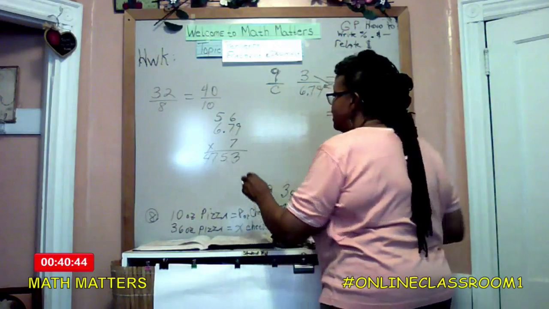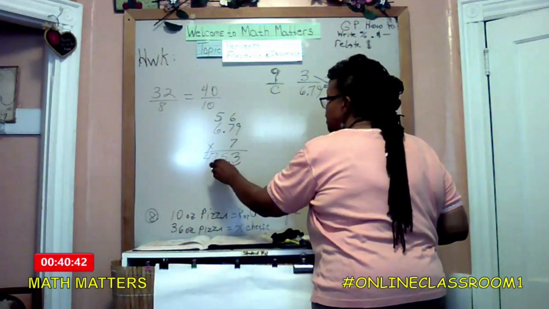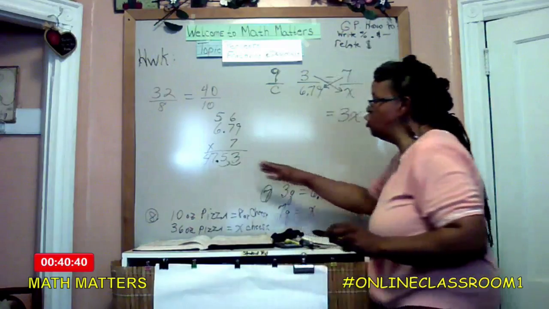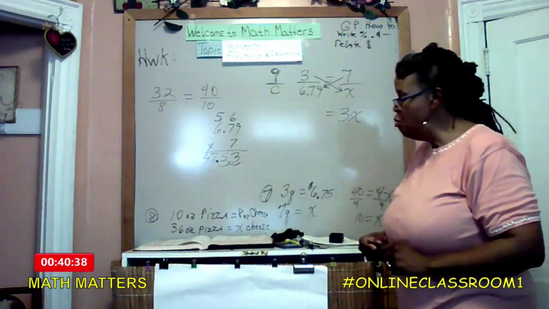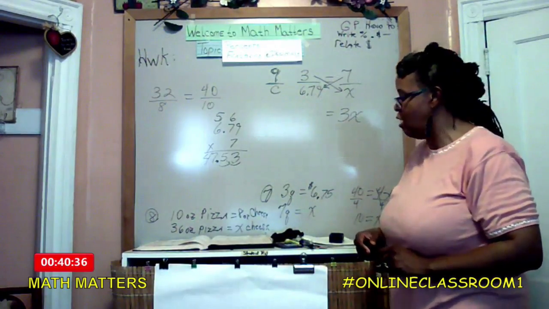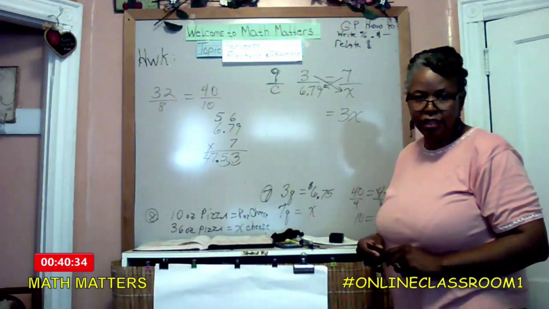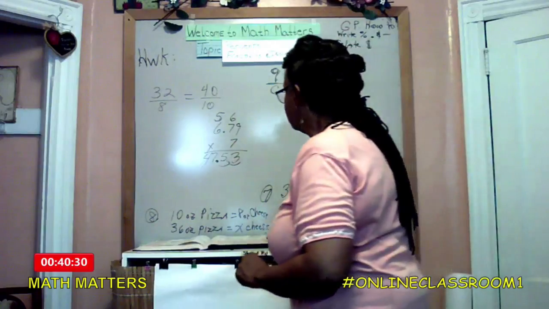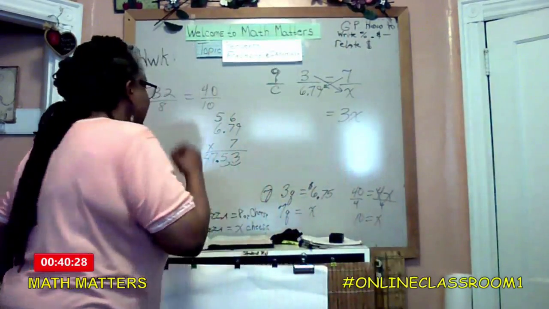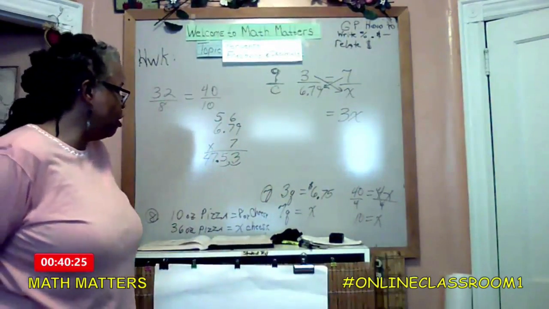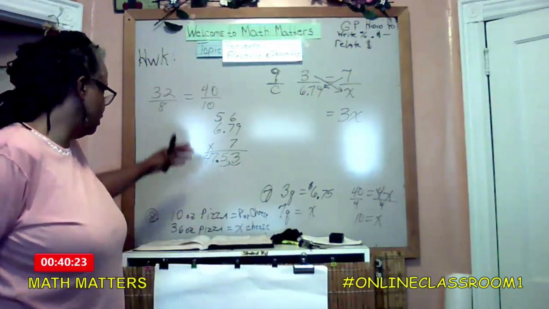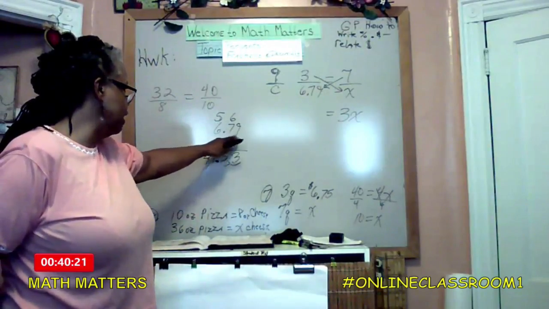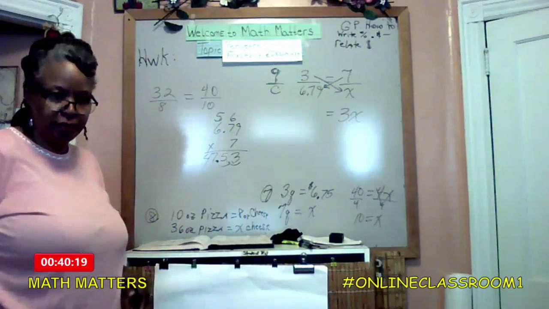Now I need to move my decimal 2 places in our answer, because it's 2 places in our problem. Does this make sense? All right, awesome. See if you can get that same answer when you work it out. $6.79 times 7.